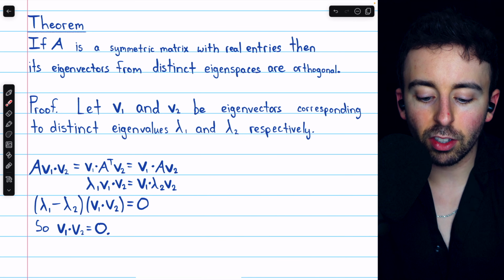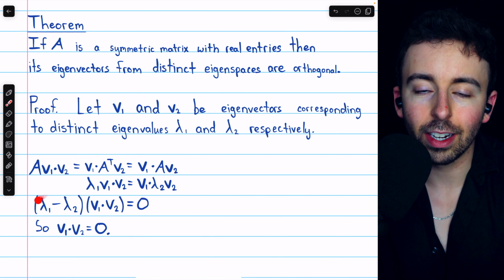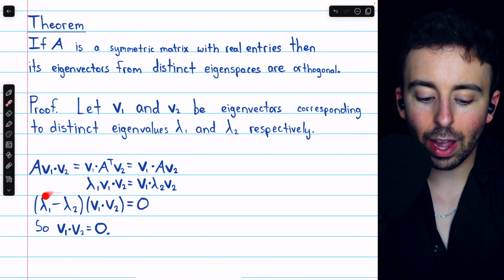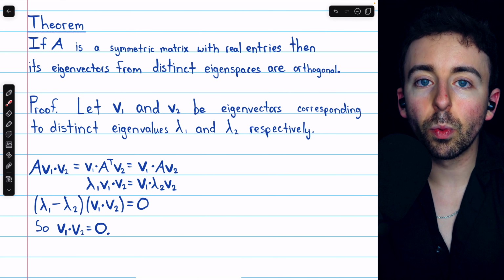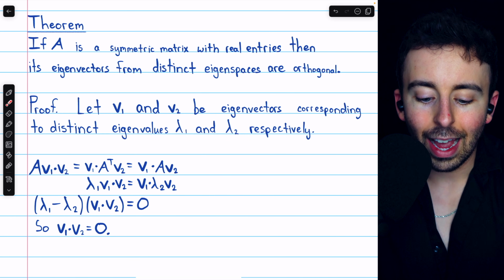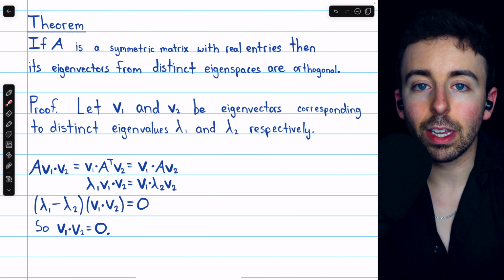Lambda 1 and lambda 2 are distinct eigenvalues, so this is certainly not equal to 0. So the only way for this equation to be true is that the dot product of v1 and v2 is 0, and hence those vectors from distinct eigenspaces must be orthogonal.